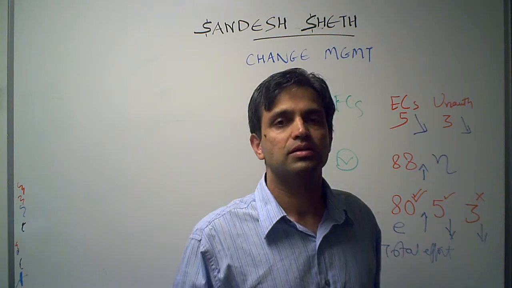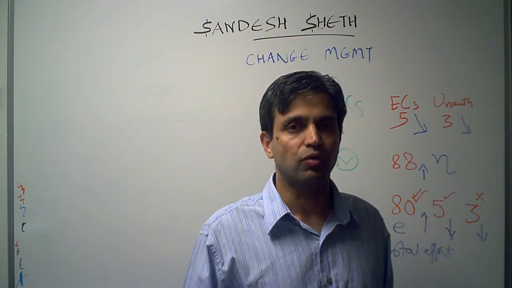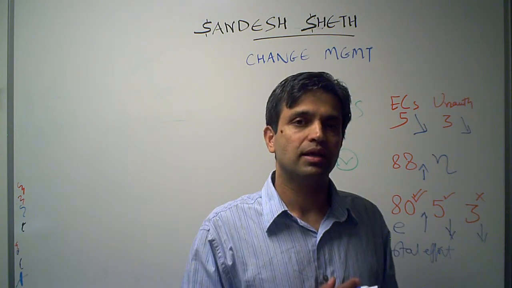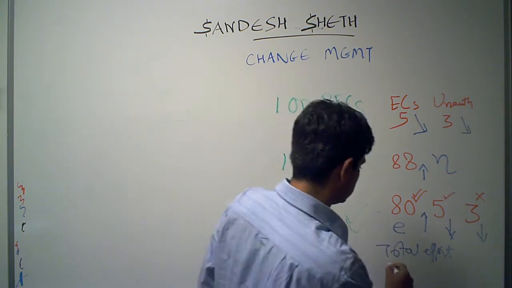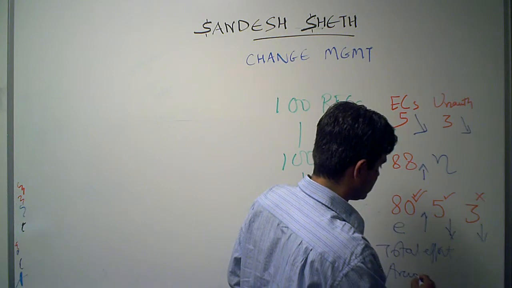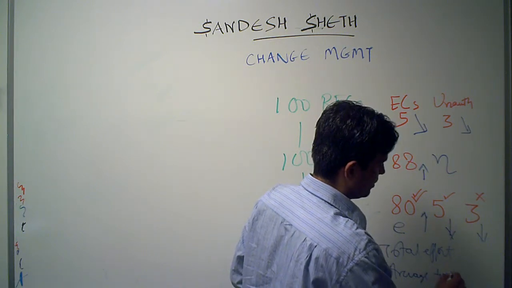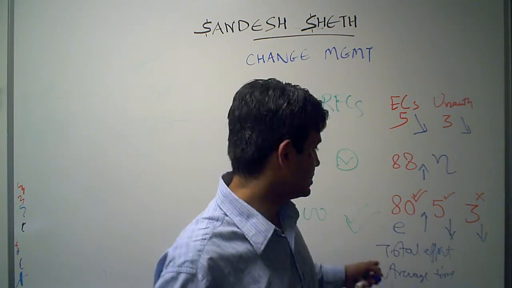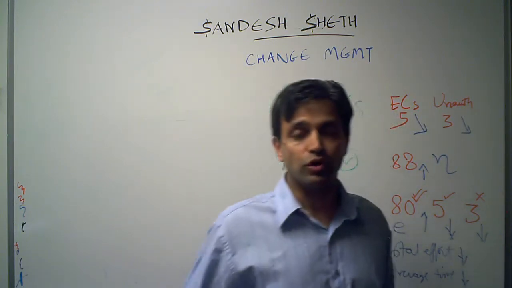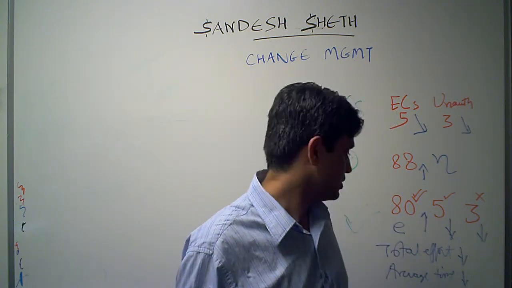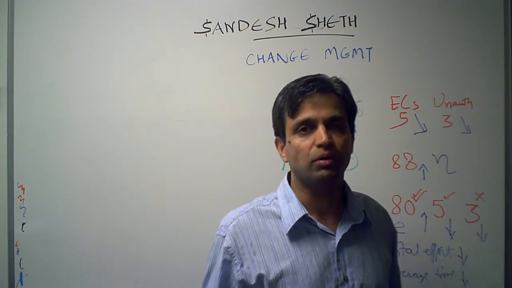The second last parameter that we need to monitor would be what is the average time taken to implement a change. In both these cases, the total effort we want to reduce as we mature, and so is the case with the average time taken to implement a change.